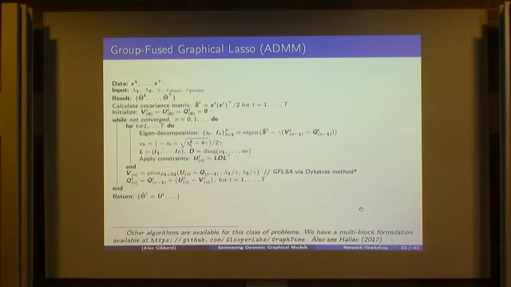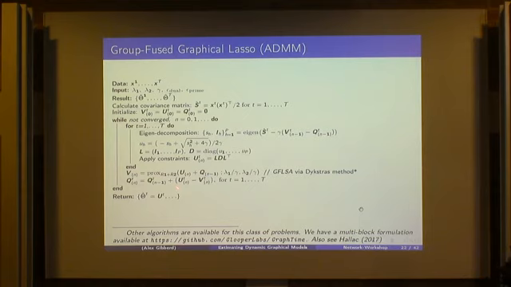This is basically the rough view of the algorithm, where you have the empirical covariance matrix, and then you calculate an eigen decomposition of that matrix, and that eigen decomposition gives you the update for the likelihood part. On the other hand, you have the other part coming from the two penalties, which you update through some kind of iterative proximal operator.